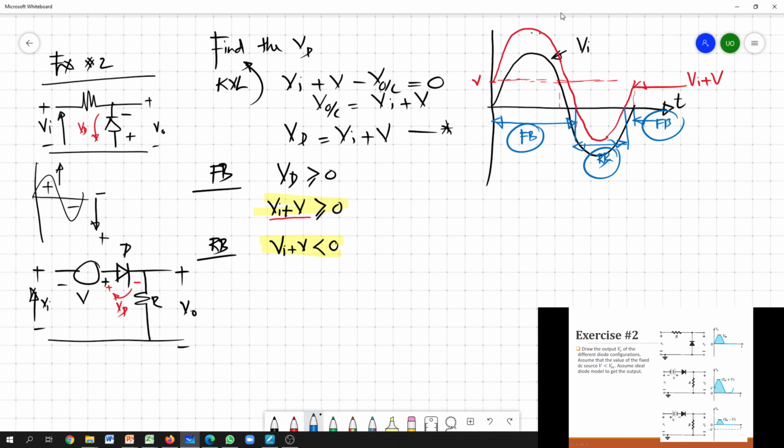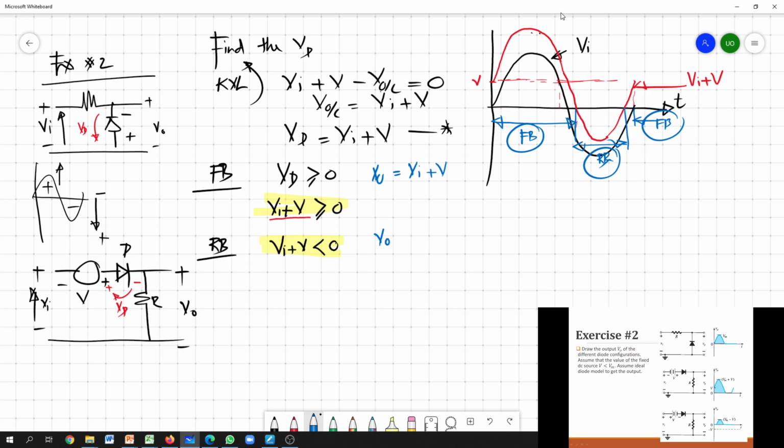Okay. So if the diode is forward bias, this is a short circuit now. So what about V out? If this is short circuit, your output is Vi plus V. For this scenario, this is open because your diode is reverse bias.